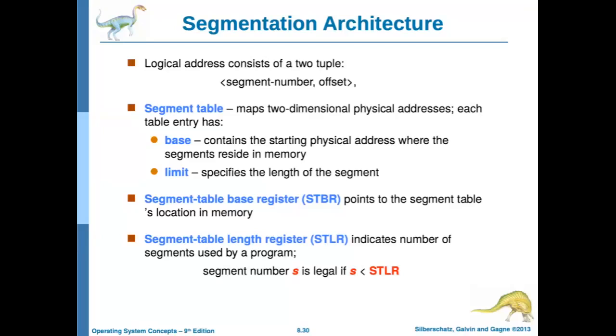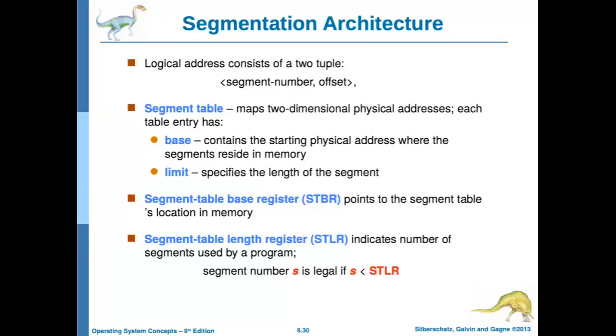Now two important parts are here. One is called the segment table, and how many entries will be there in the segment table depends on how many segments are there for that program. And the interesting part is that this segment table is also stored in the memory. How to locate it then? That is a very simple thing.